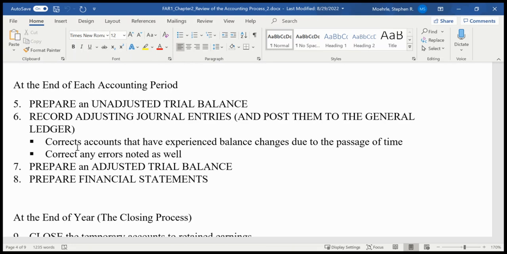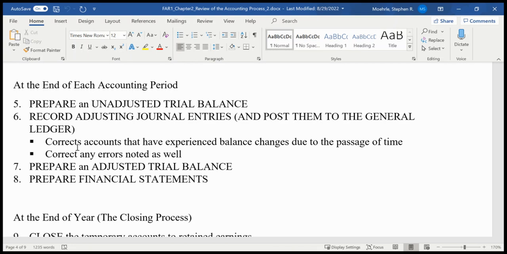Interest accrues every day on the loan, but we don't record it every day. We simply bring the interest payable accrual to its appropriate amount before we prepare financial statements or otherwise report the financial position of the company externally.